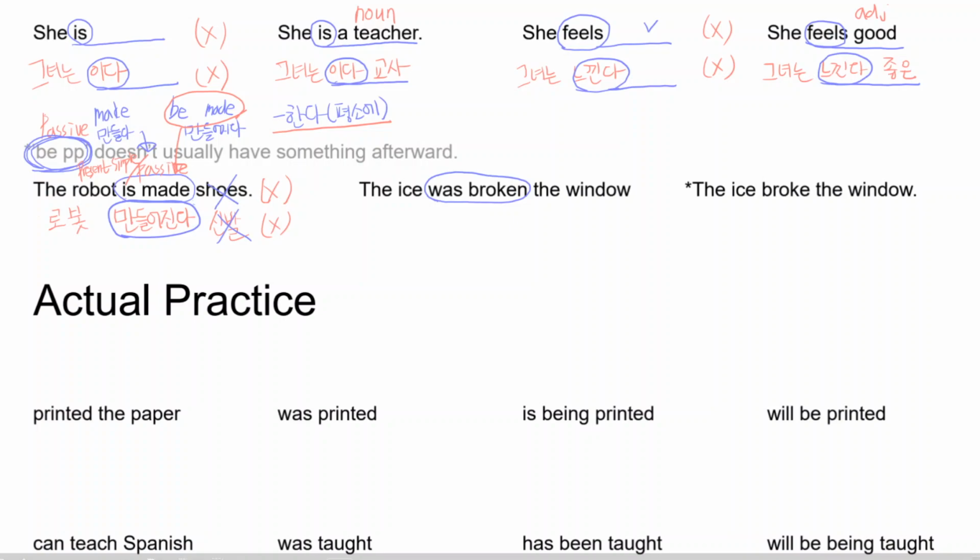Okay, and then we're gonna translate it. The ice means 얼음. So what does "was broken" mean? We're gonna do this one more time. So it should be from break or be broken, right? And it looks like it's in past simple tense.